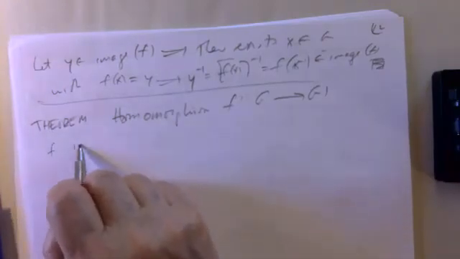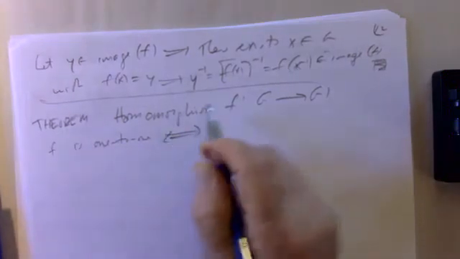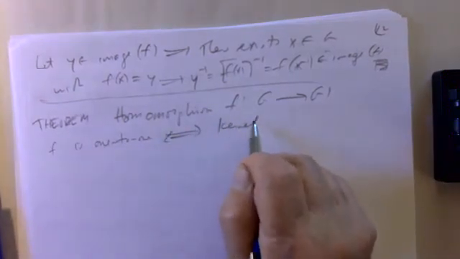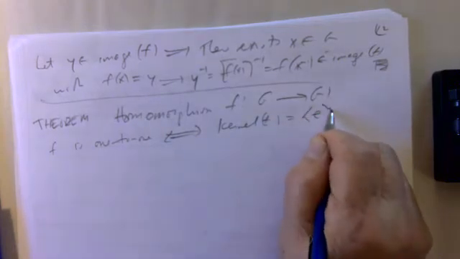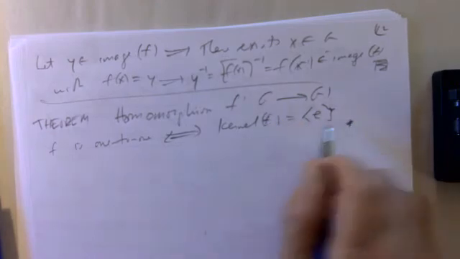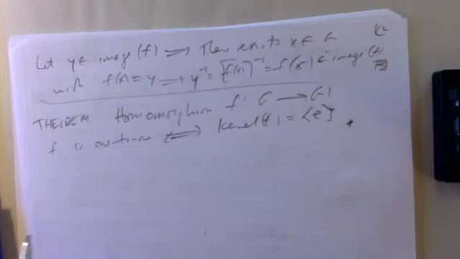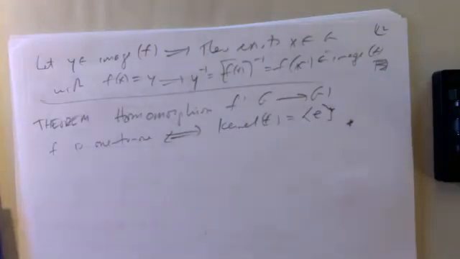The theorem says that f is 1 to 1 if and only if the kernel of f, which we know contains the identity, in fact contains nothing else other than the identity. So if the kernel of f is this trivial subgroup consisting just of the identity, then the function, the homomorphism, is 1 to 1.